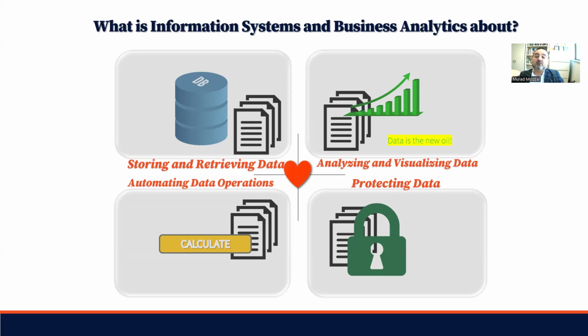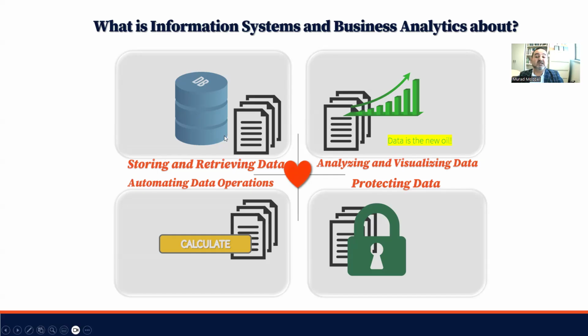So when data is stored in a very efficient, quality way, we can easily retrieve it so we can analyze it. That's one of the core capabilities information systems and business analytics departments provide to organizations.